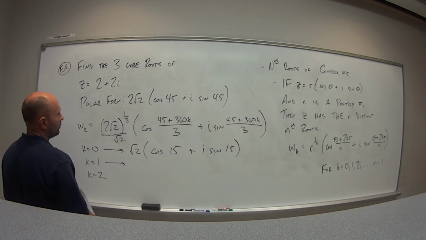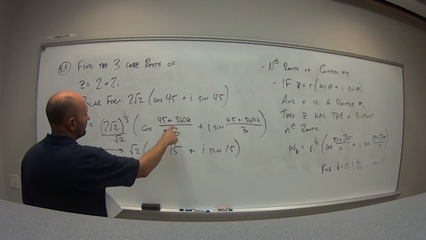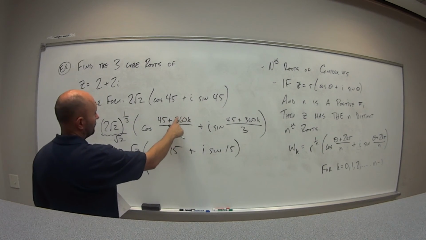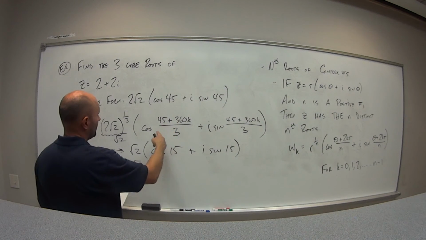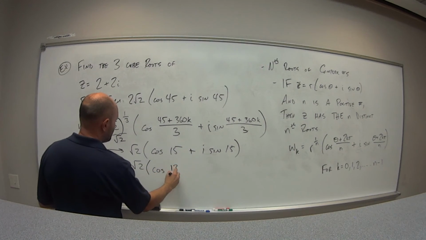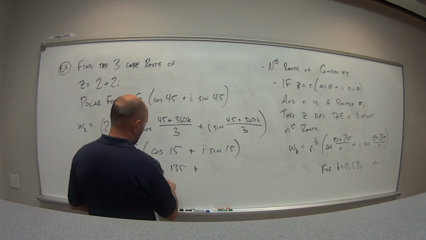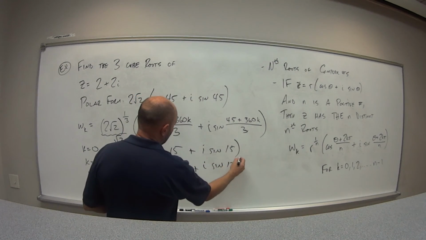When k is equal to 1, we still get square root of 2 in the front, but now we have k is 1, so this is 360. 360 plus 45 is 405. 405 divided by 3 is 135. So we end up with cosine of 135 plus i sine of 135.